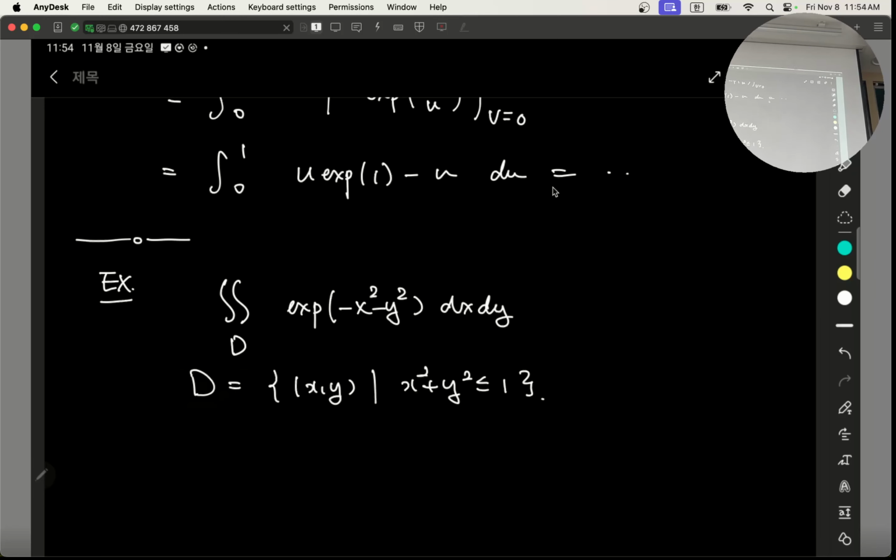Of course, you cannot do it with the Fubini theorem, unless you want to find a numerical value to estimate this integral. If you want to find the exact value, there's no way you can do it without doing any substitution, because you cannot get any antiderivative of the exponential function with x squared inside.